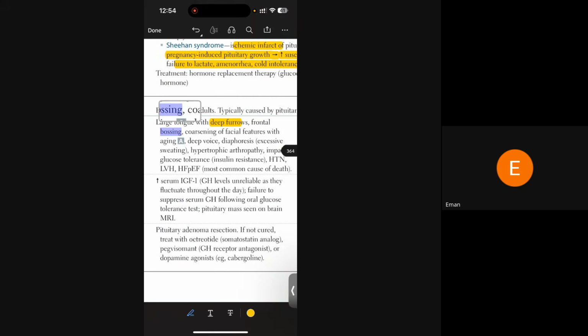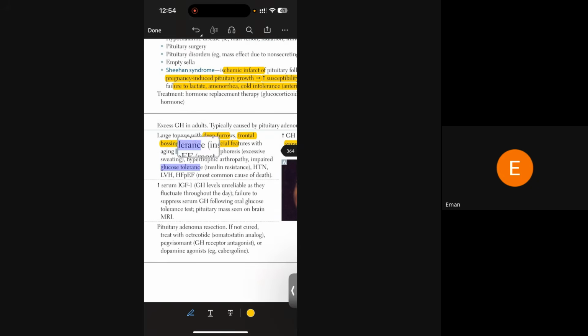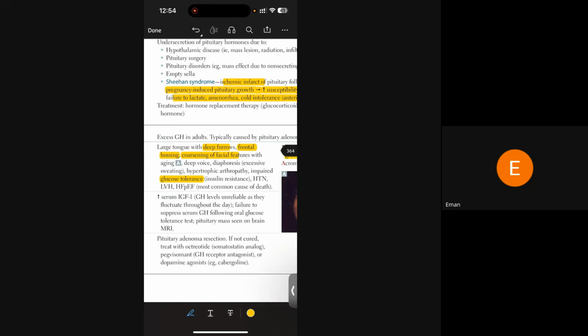Our patient has frontal bossing, coarsening of facial features, and an enlarged jaw. The patient has excessive urination, right? That is due to the glucose intolerance.